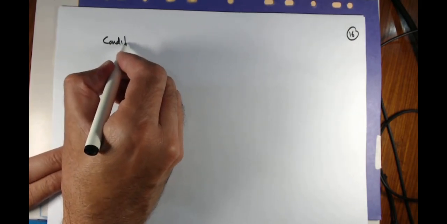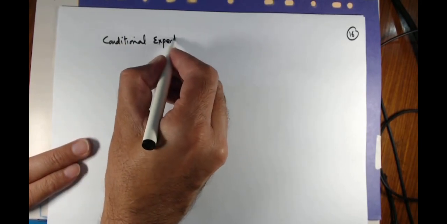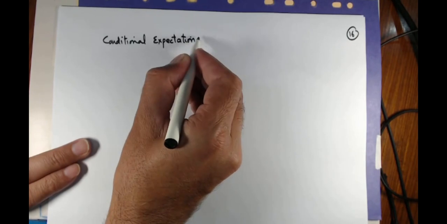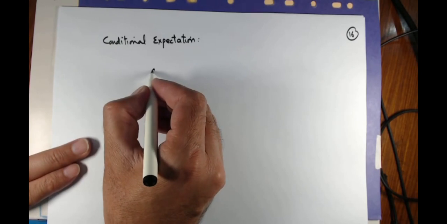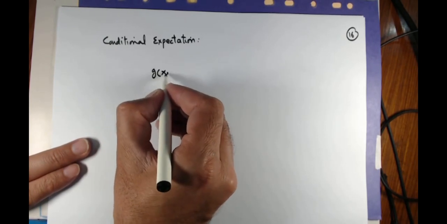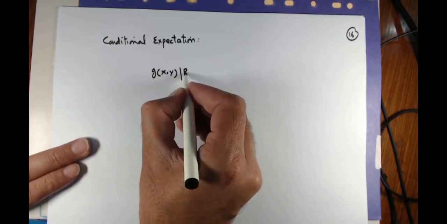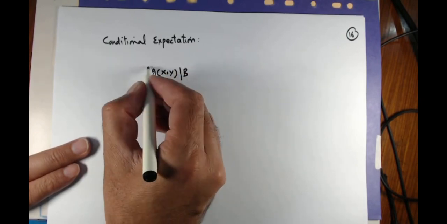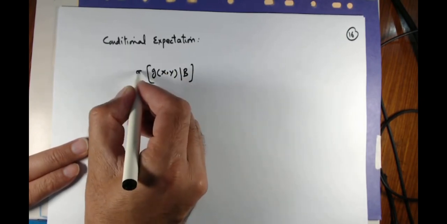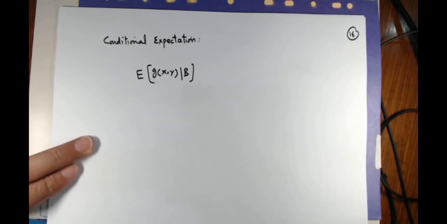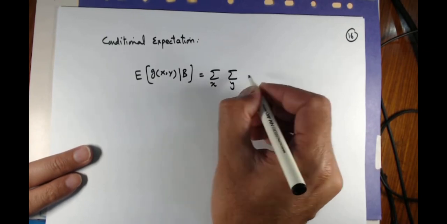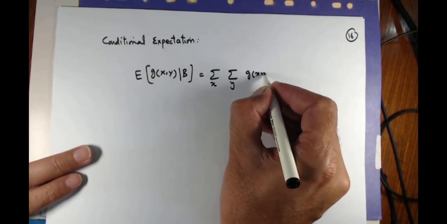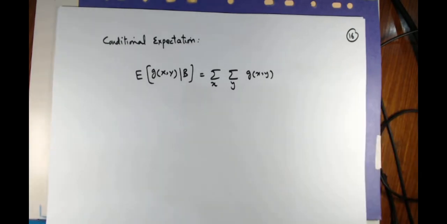So conditional expected value or conditional expectation can be written as, say you have a function of two random variables x and y, and you want to find the conditional expectation of this joint distribution. You simply have summation over x, summation over y, the functional form times the distribution.